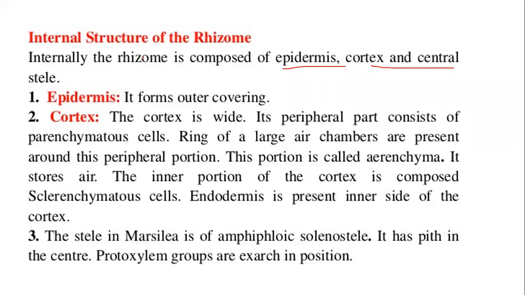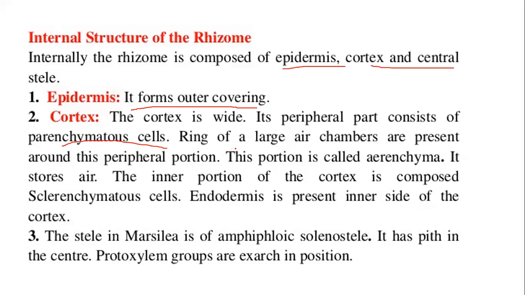Now, the epidermis is the outermost layer, which forms the outer covering, whereas the cortex is wide. That means the majority of this rhizome is occupied by the cortex. And the peripheral part, that is the outer part of the cortex, is made up of parenchymatous cells.